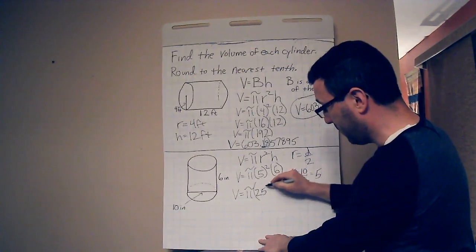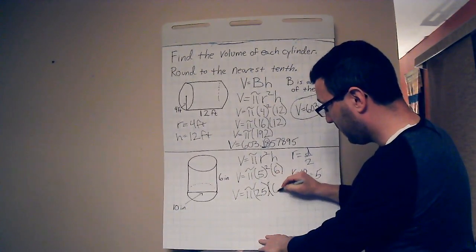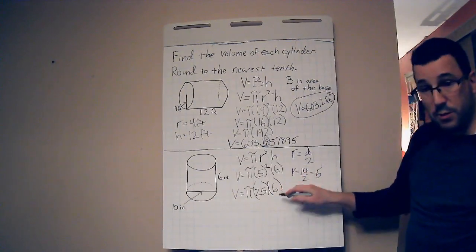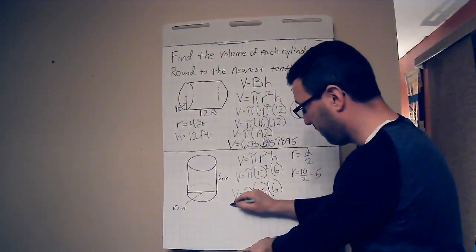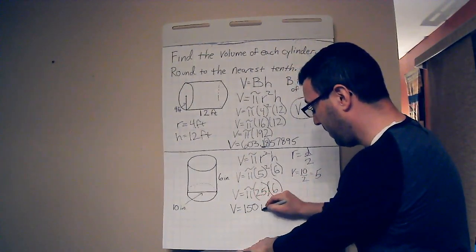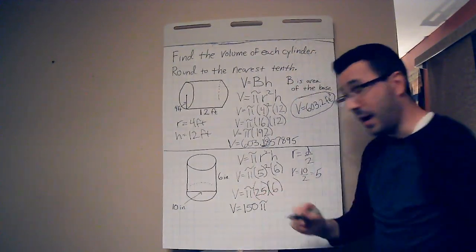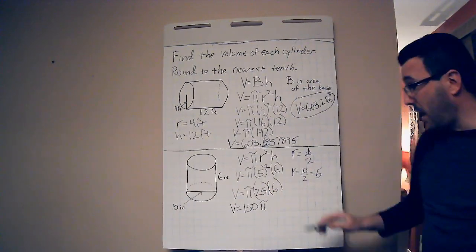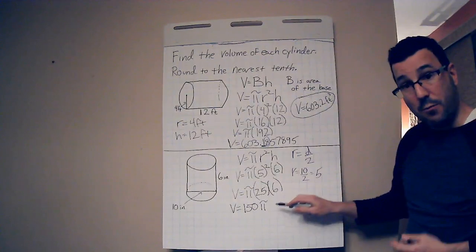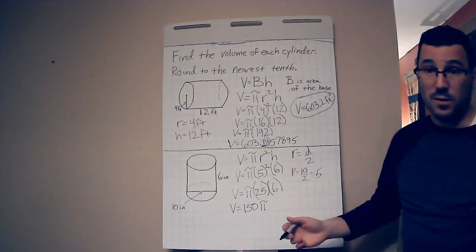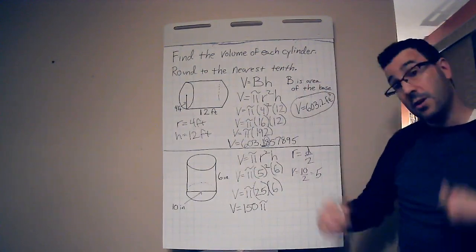Remember, 5 times 5 times 6. Okay? Multiply 25 times 6. Volume equals 150 times pi. Now, if the question actually said leave in terms of pi, I would stop there and I would put my cubic inches after that. It's asking us to round to the nearest tenth, so I have to keep going.